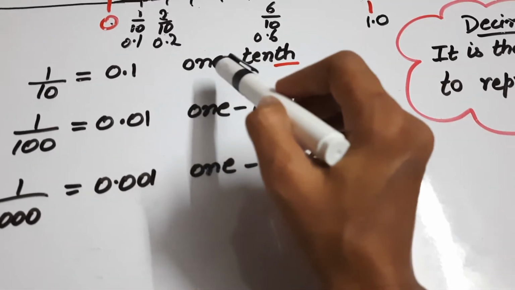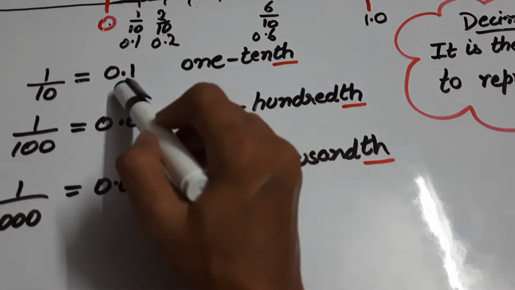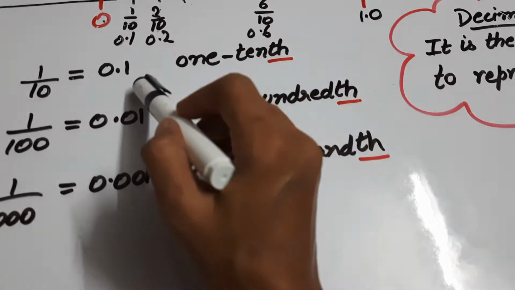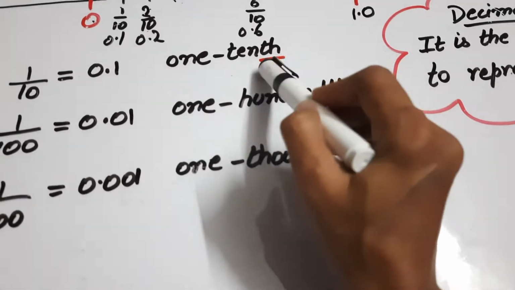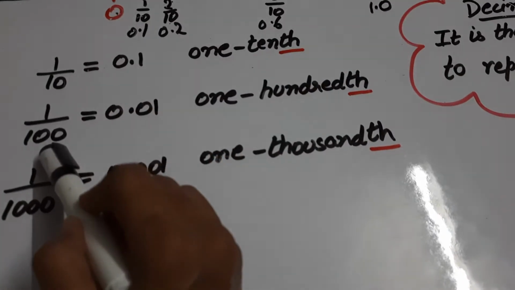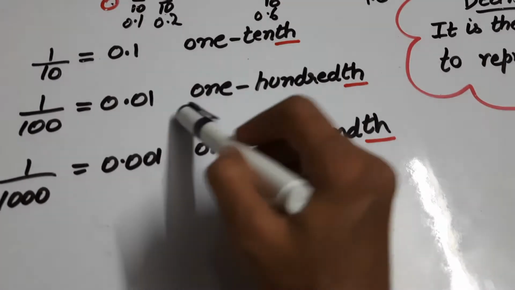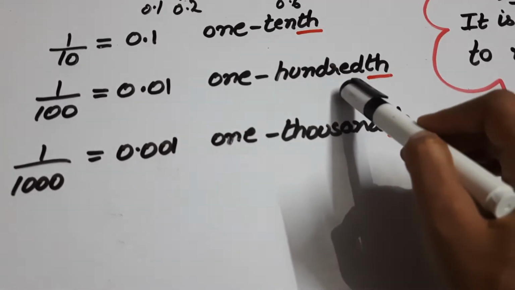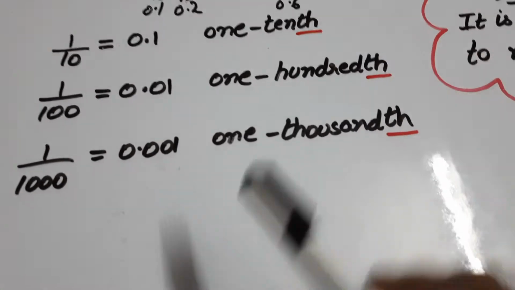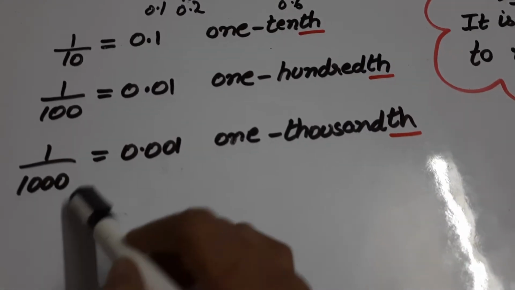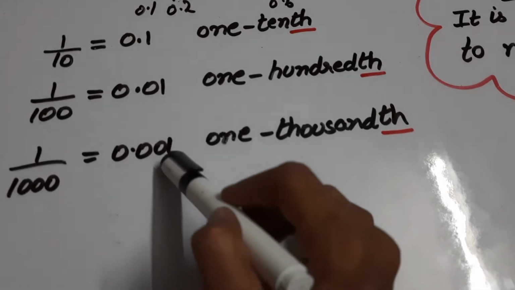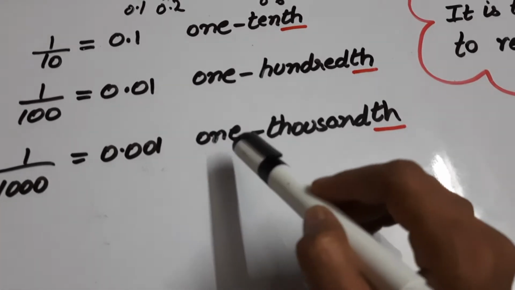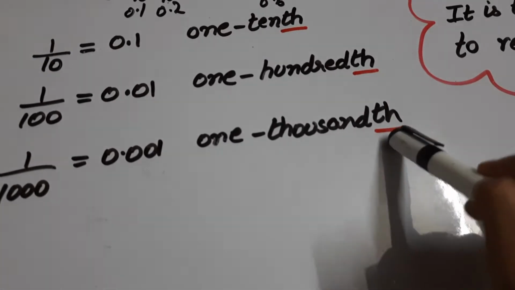We'll read it as 1/10th. This means after the decimal, we do not have the ones place; we directly start with the tenths place. Then 1 by 100 is written as 0.01, and we'll read it as 1/100th. 1 by 1000 can be written as 0.001, and we'll read it as 1000th.